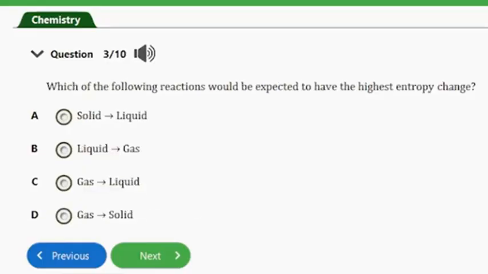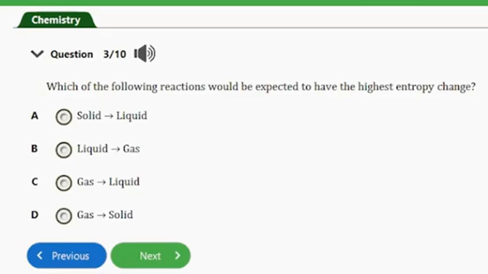That's question number 3 here. It says, which of the following reactions would be expected to have the highest entropy change? A. Solid to liquid, B. Liquid to gas, C. Gas to liquid, D. Gas to solid. So guys, the answer to this question here will be option B, and that's liquid to gas. So we know that the phase change from a liquid to gas involves an increase in entropy.